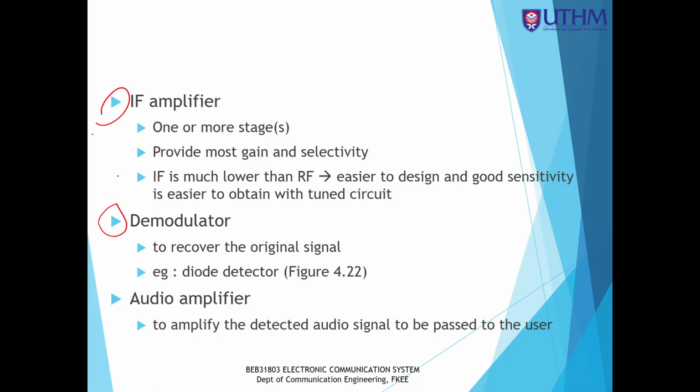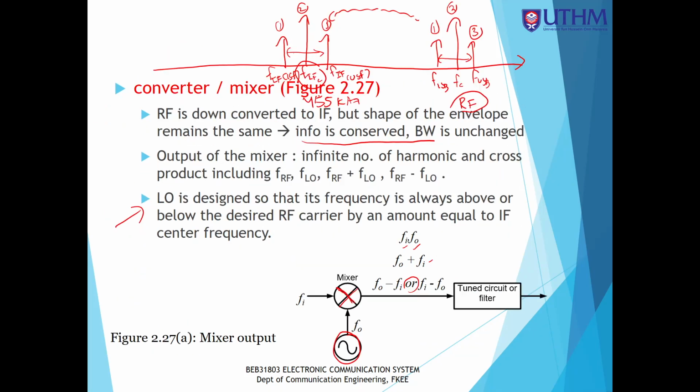The detector section consists of a demodulator or detector, which will recover the original signal by doing the demodulation process, and then we amplify it. If I flash back, the IF section will select only the desired frequency band.